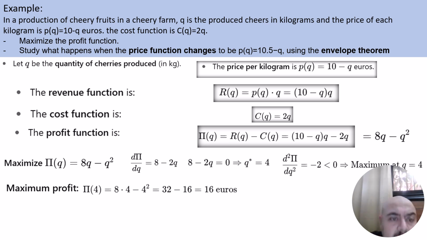Now I will need to discuss the case of increasing the price, where there is a change in the price function to be 10.5 minus Q. I will suggest going through this because this is a problem we need to explain. So I will say that the parameter will be the change in 10.